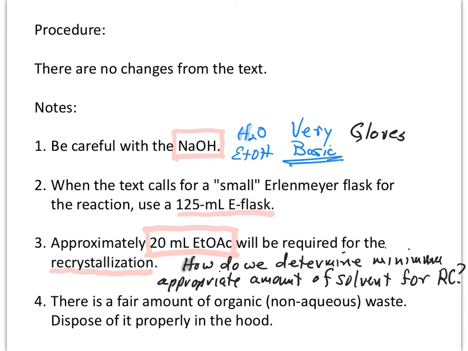Don't forget your procedure. I do not want to see anyone just measuring 20 milliliters of ethyl acetate out and dumping it into your isolated crystals, right? Again, pay attention.